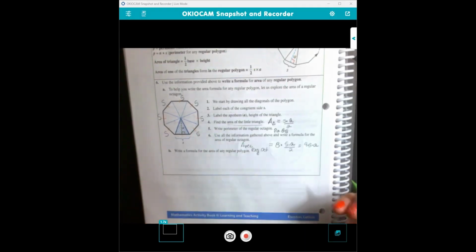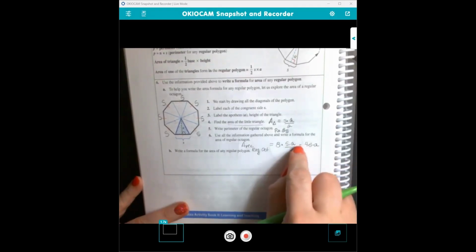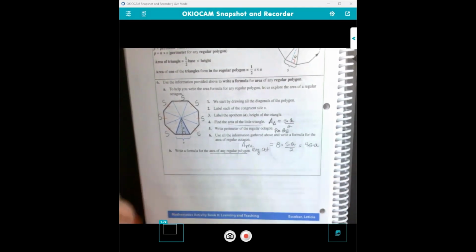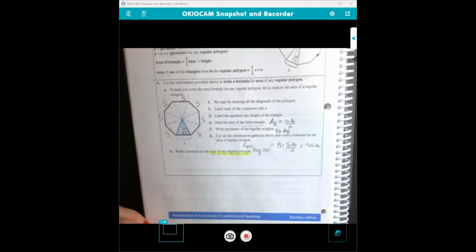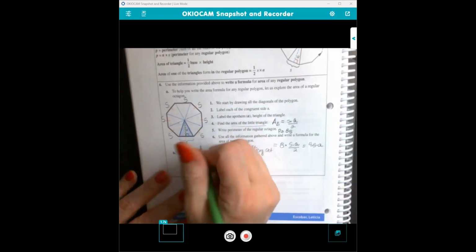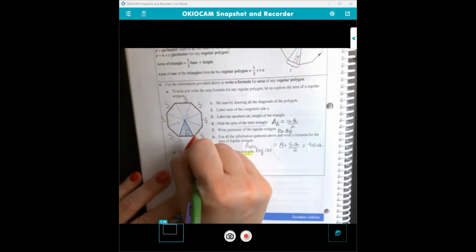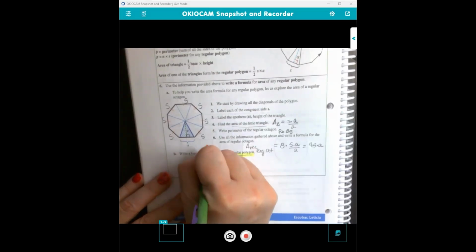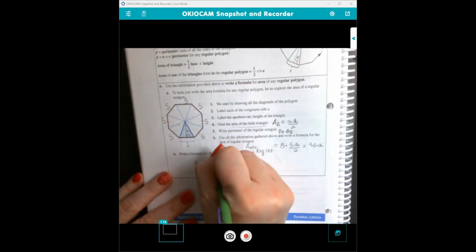So what are we going to do? We need to derive from this formula that we just did the formula for any regular polygon, okay? Any regular polygon. So we're going to call the number of sides of any regular polygon n. Area of any regular n-sided polygon.